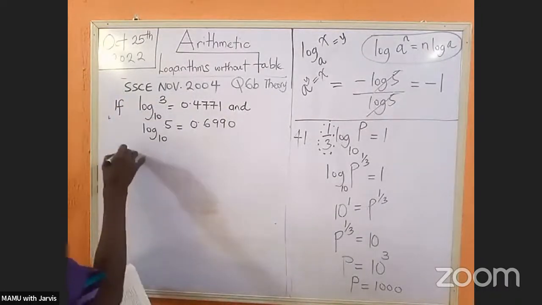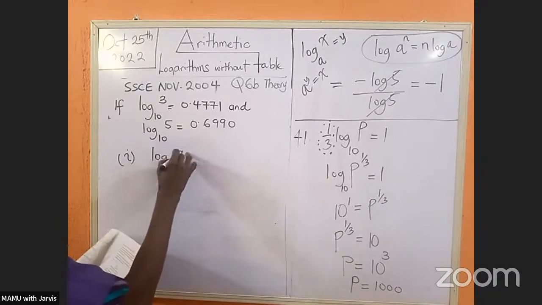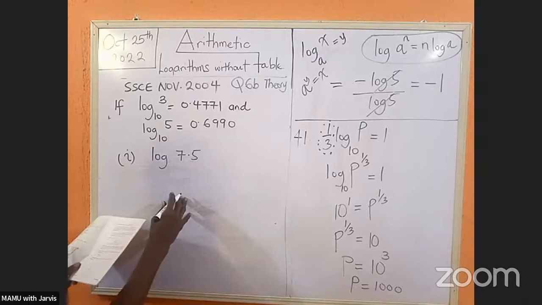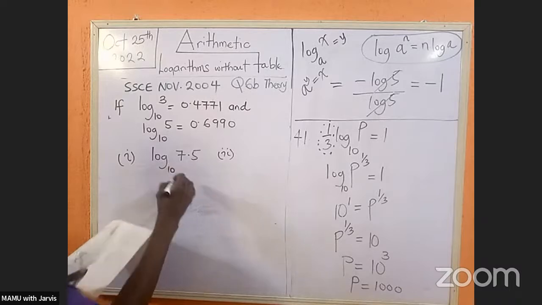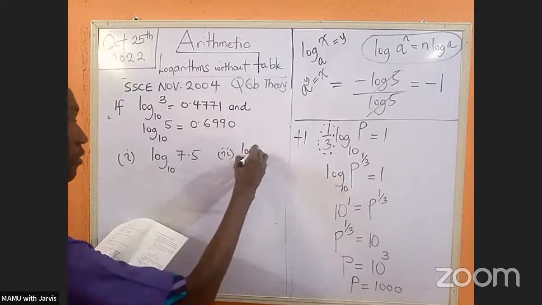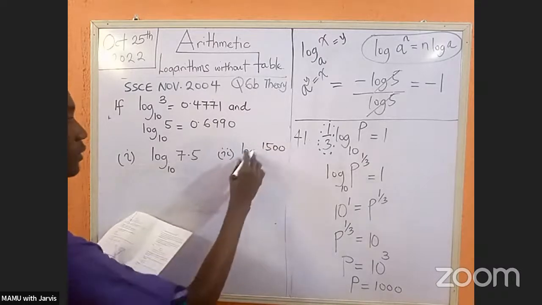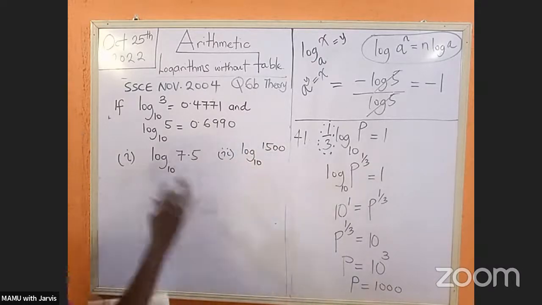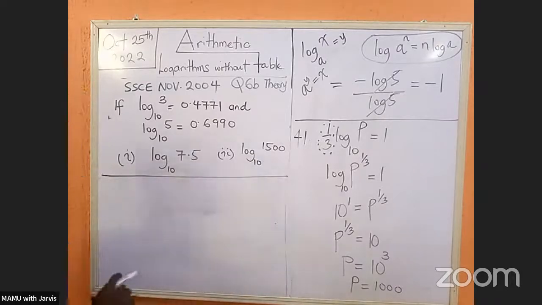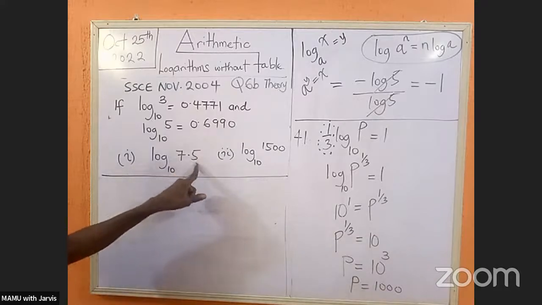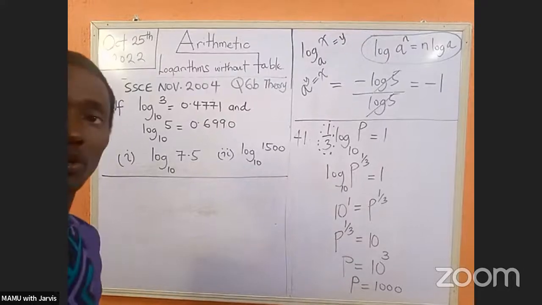A, Roman figure 1, log 7.5 base 10. Roman figure 2, remember this is base 10, log 15 or 1,500 base 10. So these are the two questions we are going to try to handle.